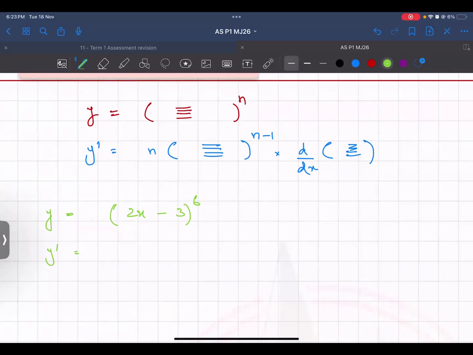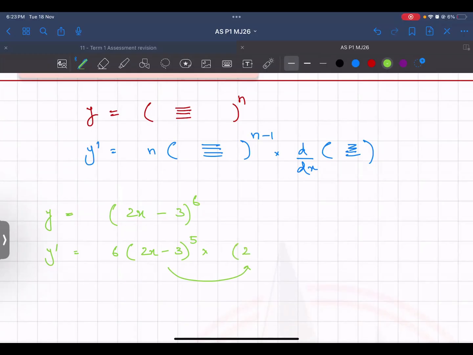So 6 comes down, then 2x minus 3, the power reduces by 1 so 6 becomes 5, and then the derivative of the inside. The derivative of 2x minus 3 is 2 only, because 2x becomes 2 and 3 is a constant, so that becomes 0. This is your final answer, the derivative. If you want to simplify, this becomes 12 times 2x minus 3 power 5. This is your answer.